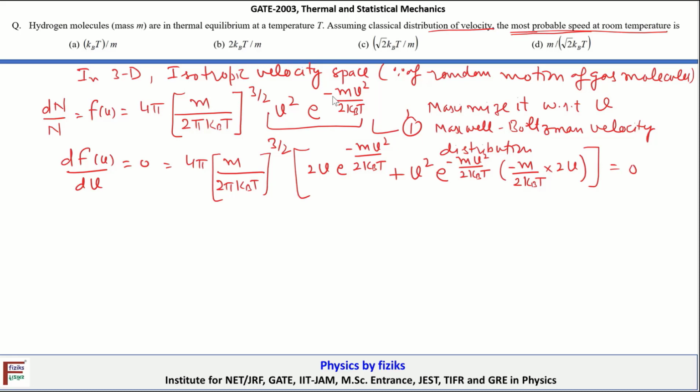And this should be equal to 0. So we will take the terms which are common in both expressions inside the bracket outside.